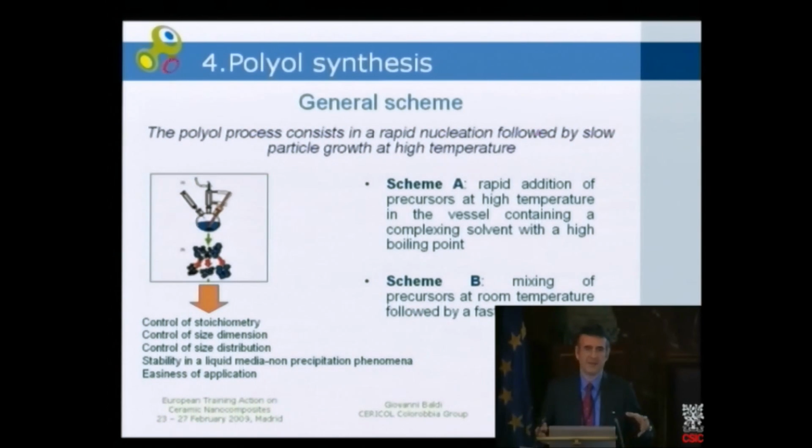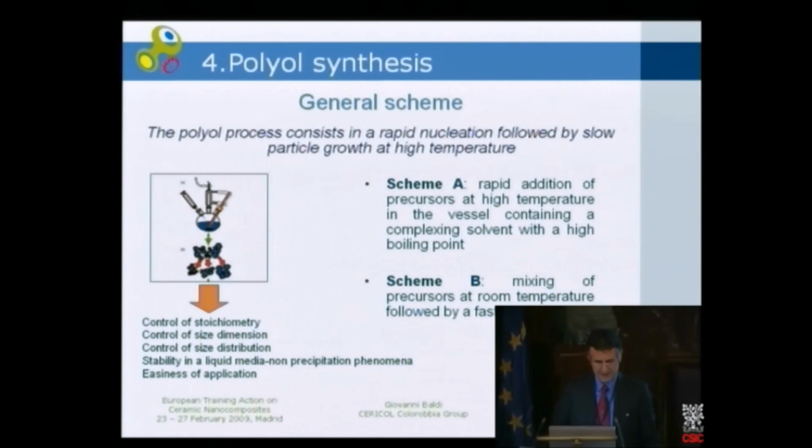The diethylene glycols have a complexing behavior against the precursors and then the nanoparticles that are growing. In scheme B, we can mix precursors at room temperature, and then a fast heating step can follow. These are the two approaches to polyol synthesis.